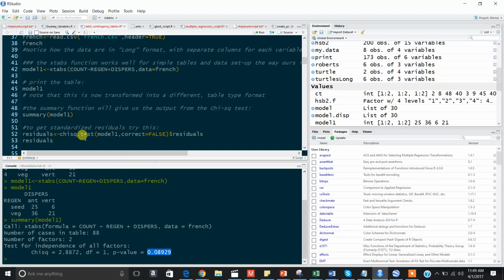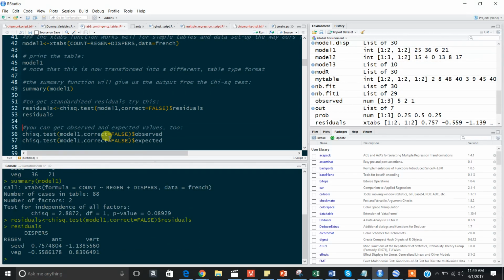So then we're going to look at the standardized residuals. And we're going to do this by using the chi-square.test function to test the model and its residuals. So you run that, and what this produces is the actual variation of the residuals from what is expected and the direction of that variation.